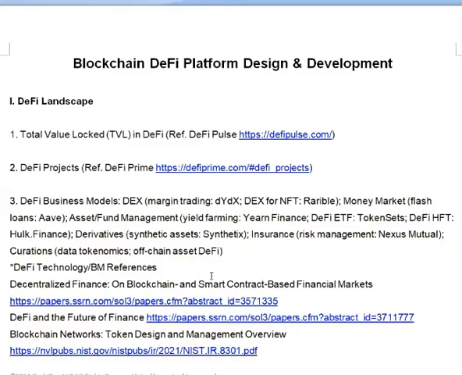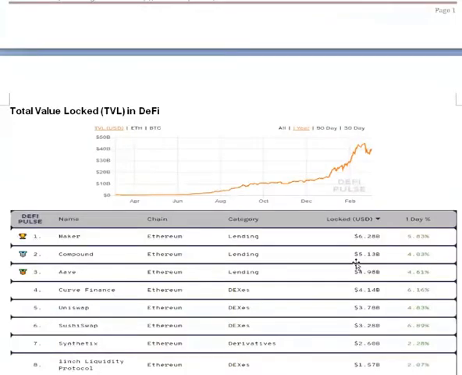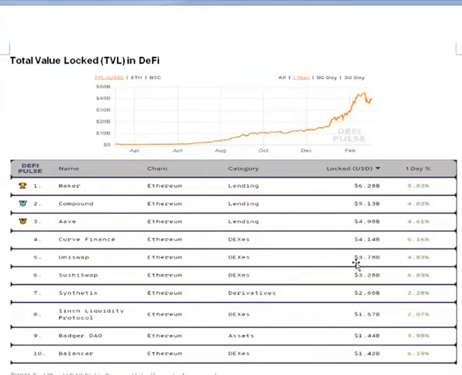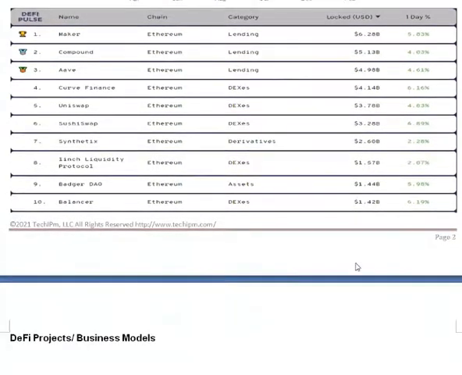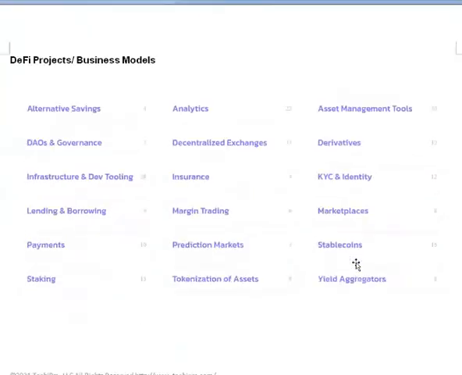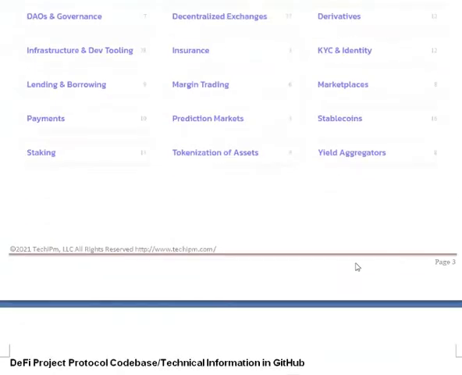There is a TVL. Here are some projects you can look at personally. You should also know about GitHub, because most of these DeFi projects are open source, so they open their source code.